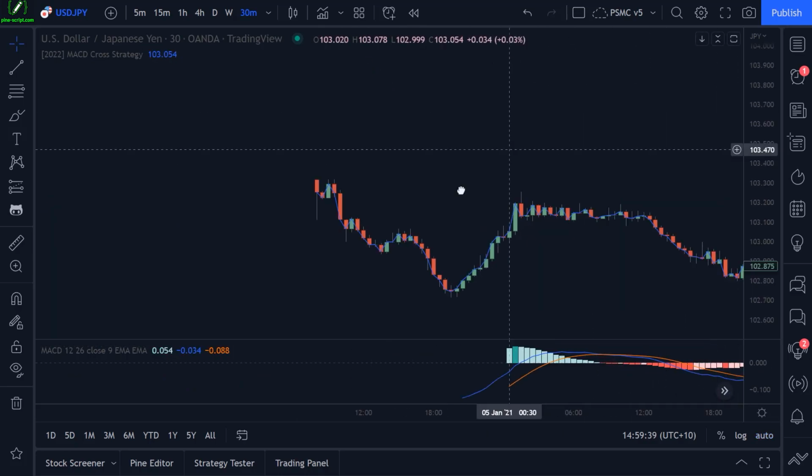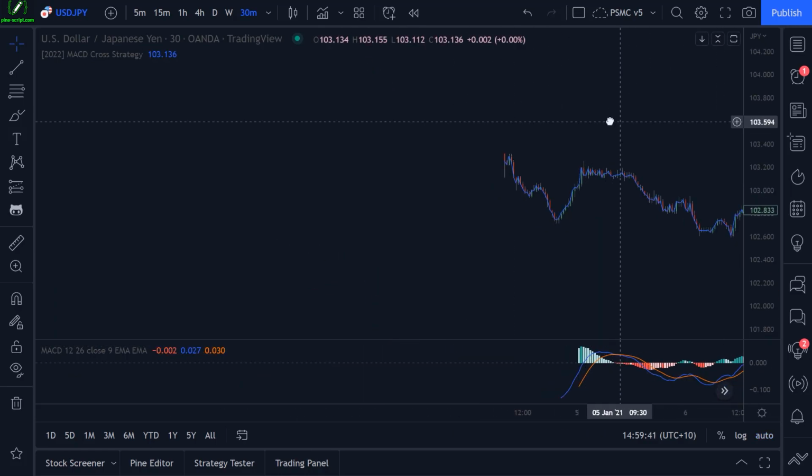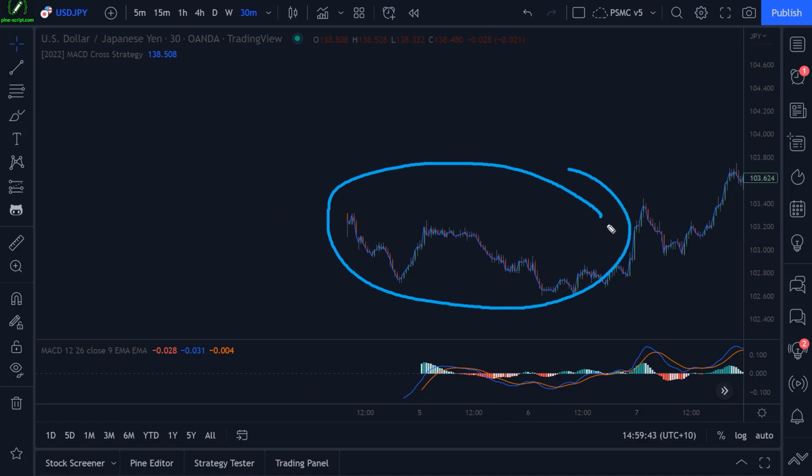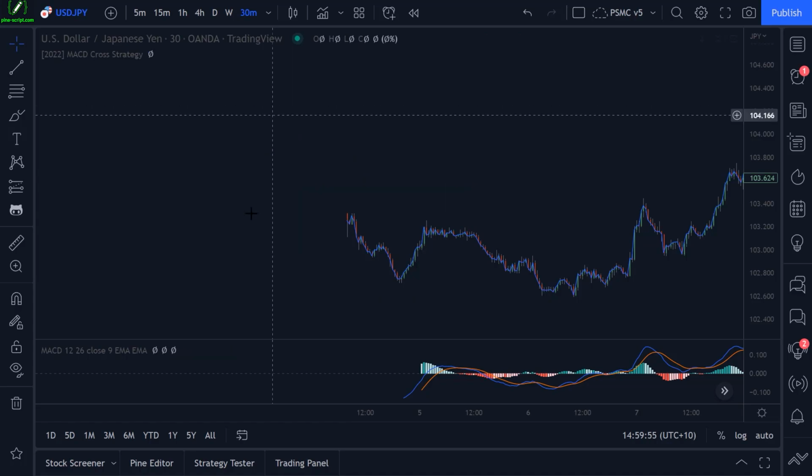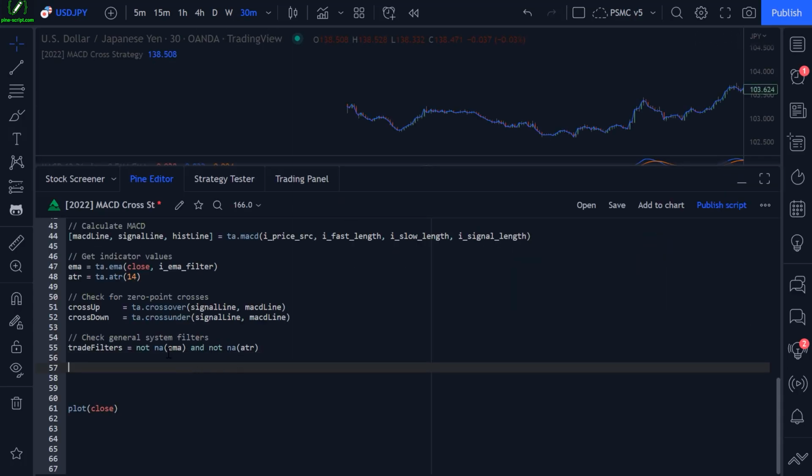The 200 EMA obviously requires 200 historical bars before it can calculate its value. So on all of these bars before the 200th bar, the 200 EMA value will be NA. And if we're detecting signals while the EMA is NA, that's going to be a problem because we don't have an EMA to reference.